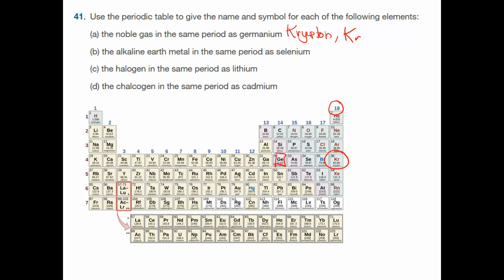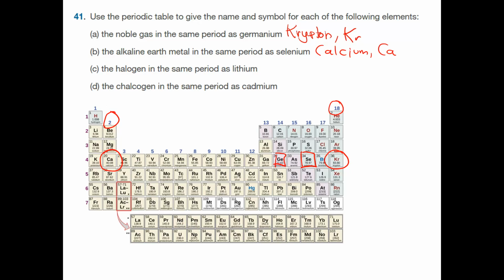So the alkaline earth metals, so alkaline earths are in group 2A, in the same period as selenium. So selenium is just a couple of spaces over from germanium, so it's in period 4. So it must be this guy, which is calcium, and that has the symbol uppercase C, lowercase a.